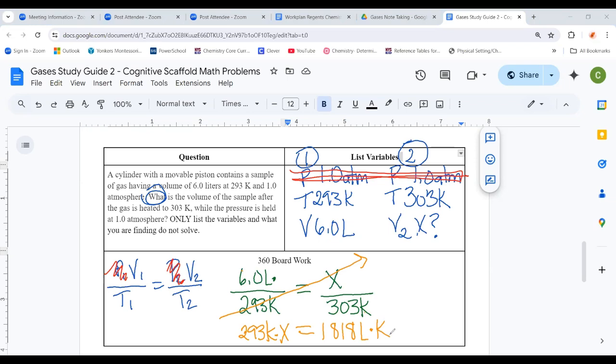Okay, now I want x by itself. So that means that I have to move everybody who's on this side over there and leave x all by himself. Oh, look, I have to be all by myself. I'm so sad. Okay. You're going to divide both sides by 293.